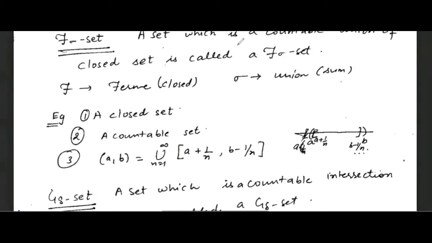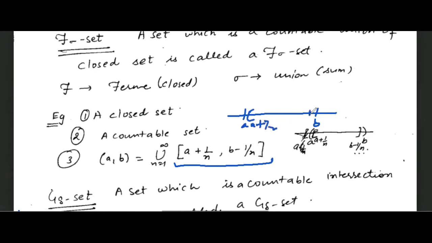as, it can be written as a countable union of closed sets. Right? We can write any open interval (a, b) as the union of, you consider a plus 1 by n.